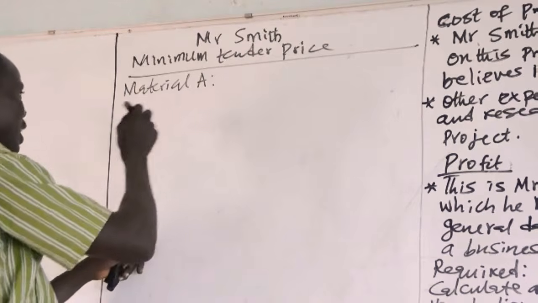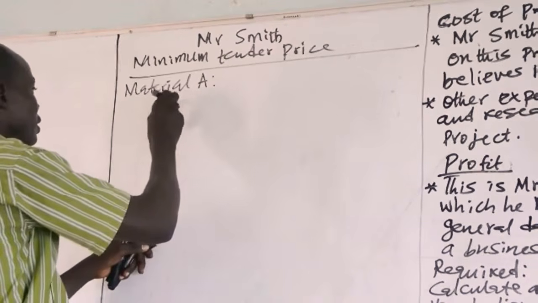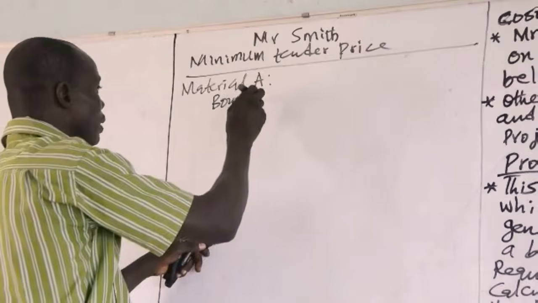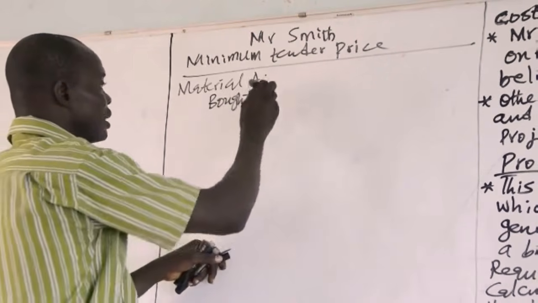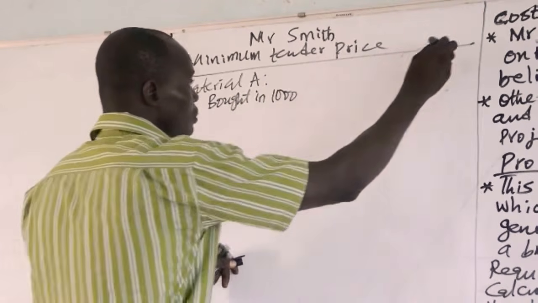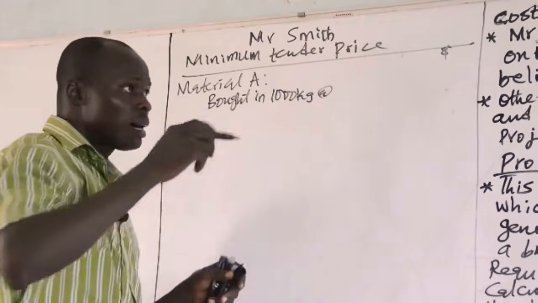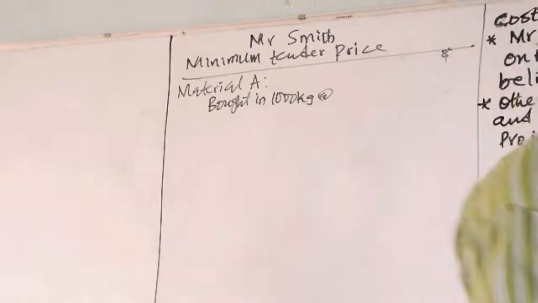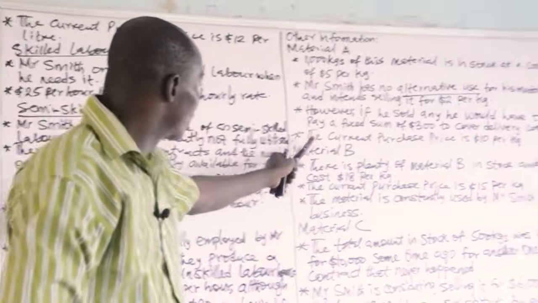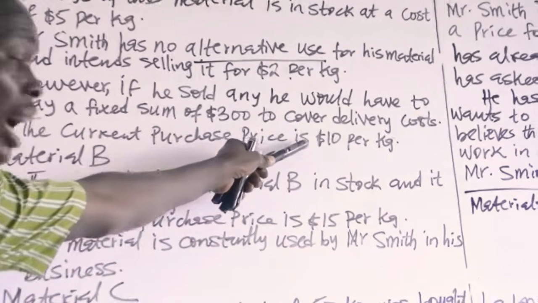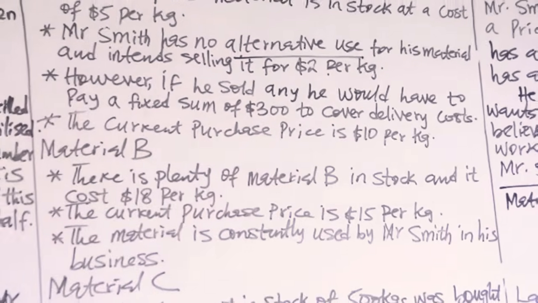We said for material A, we have the one that has to be bought in: 1,000 kg at the current replacement price. The current purchase price is $10 per kg.